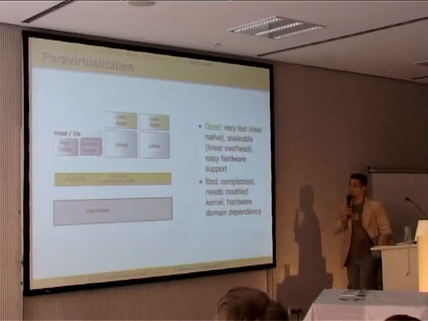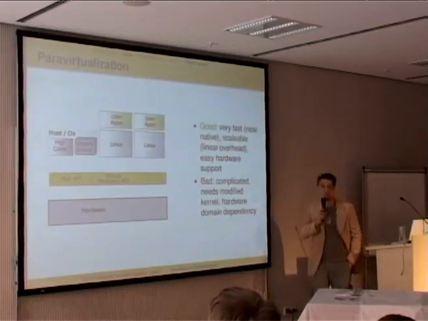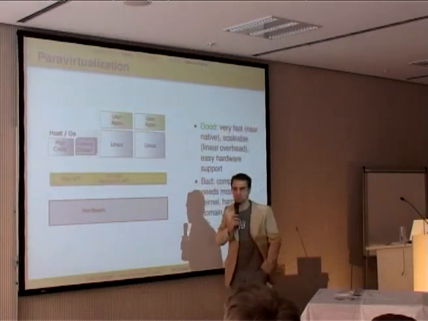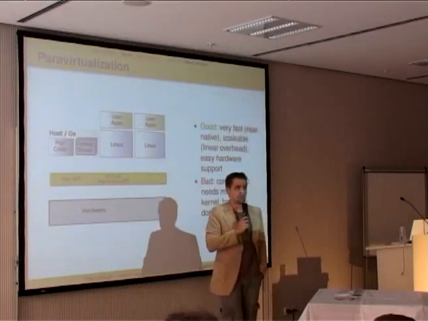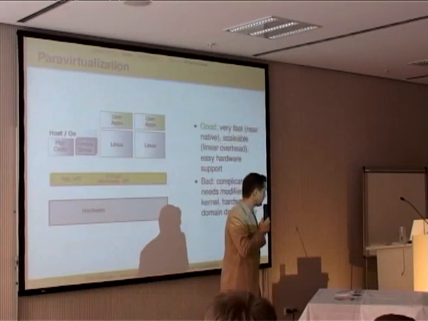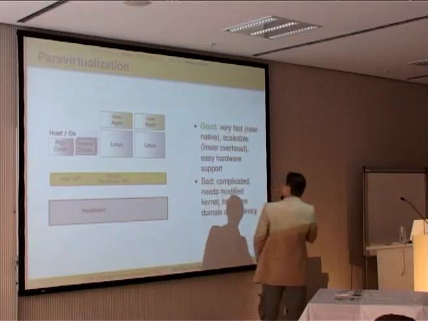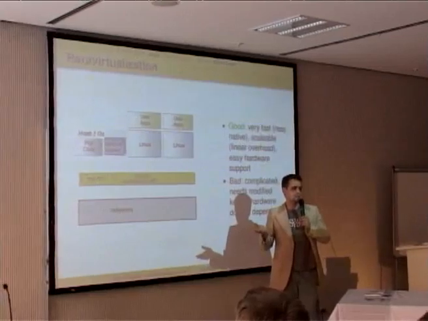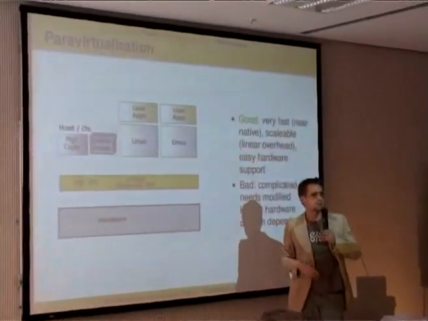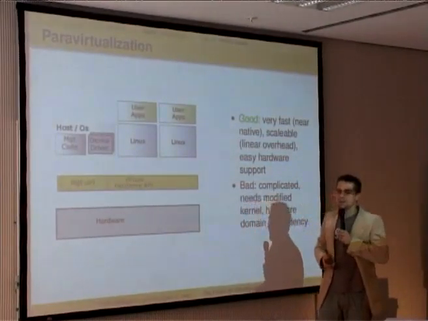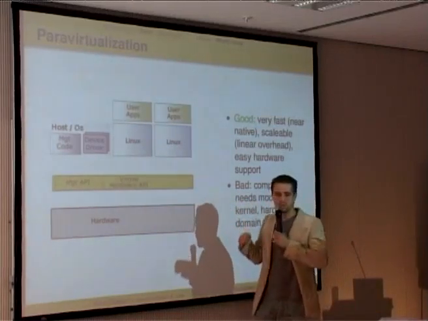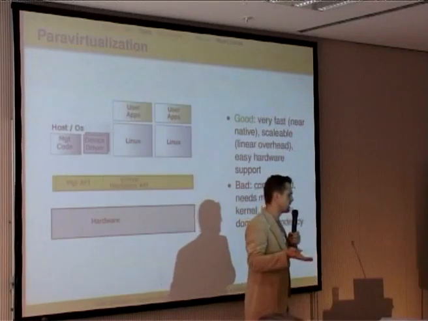So, let's come to paravirtualization. Paravirtualization, the most prominent example of this is Xen, is making a little bit of a different approach. If we can't virtualize the hardware because of some minor bugs in the hardware, okay, we work around these minor bugs, not by emulating it, not by binary rewriting it.